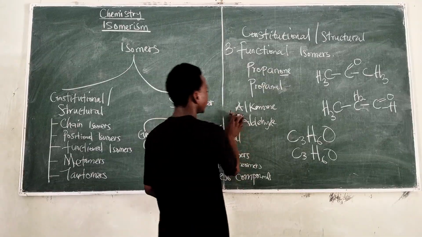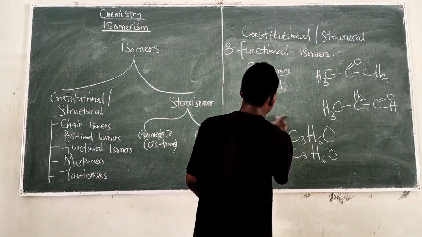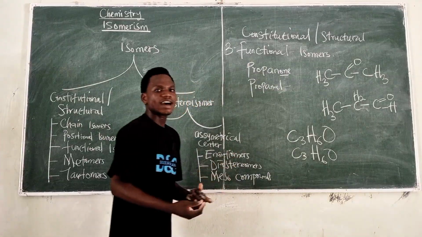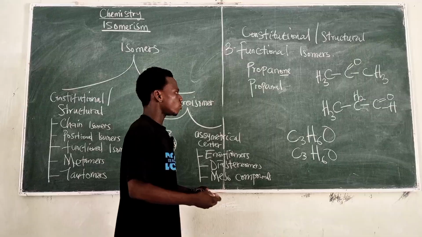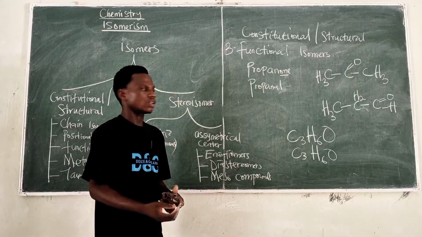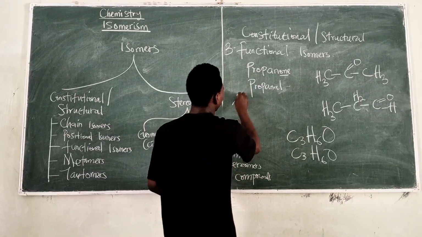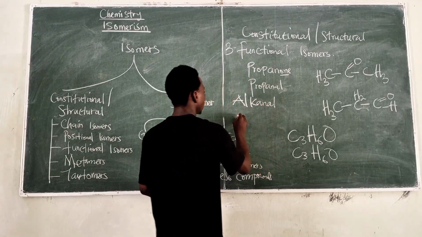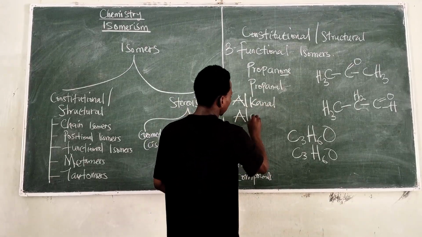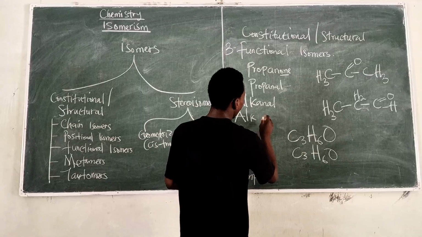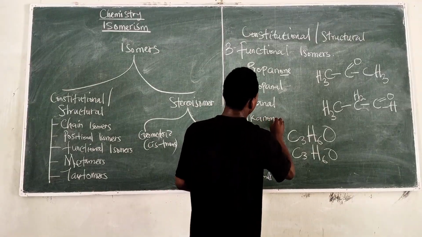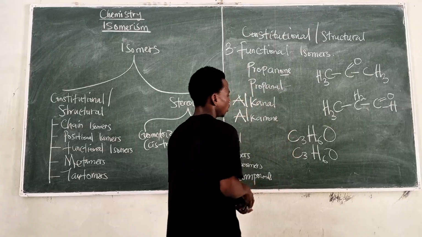When it comes to functional isomers, take note of the fact that alkanals form functional isomers with alkanones.